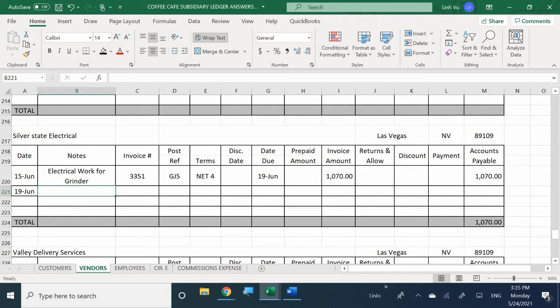I just put in check 1519 for the notes. Invoice 3351, JG8. Then way over, I put a payment of 1,070, which gives me a balance of 0.